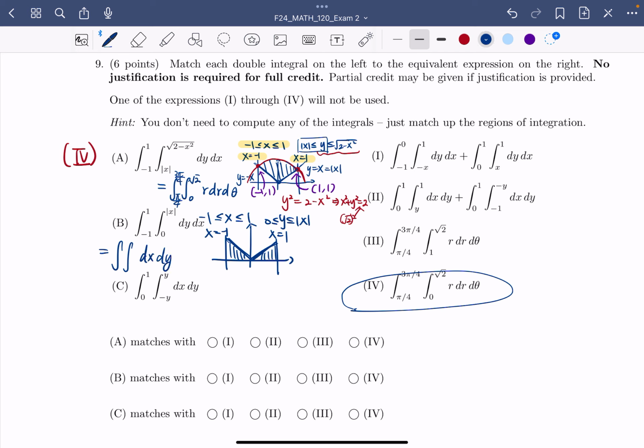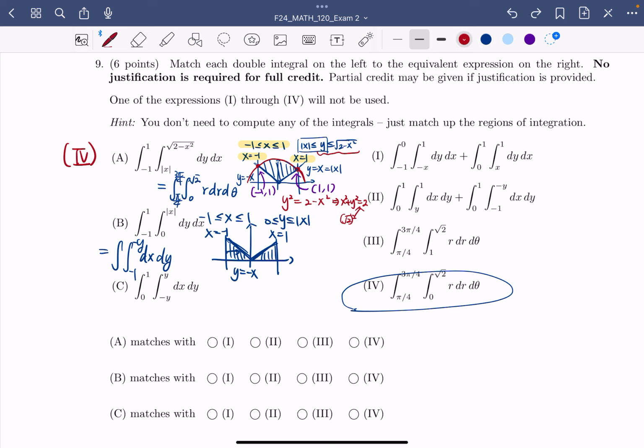So for x, it goes from minus 1 to minus y, right? So this is y equals minus x. So minus 1 to minus y. And y goes from 0 to 1.